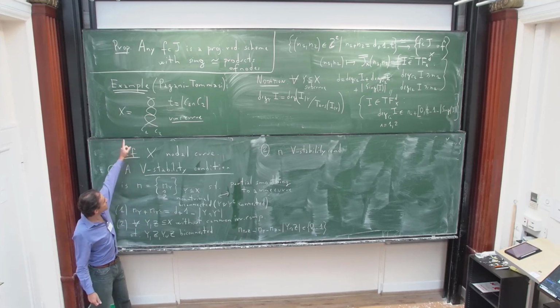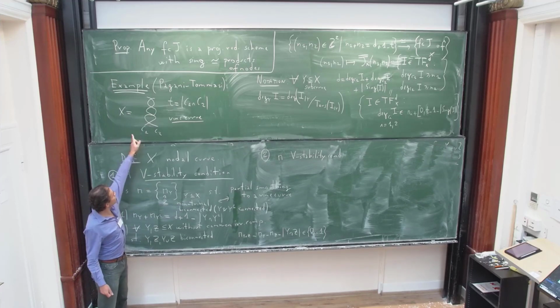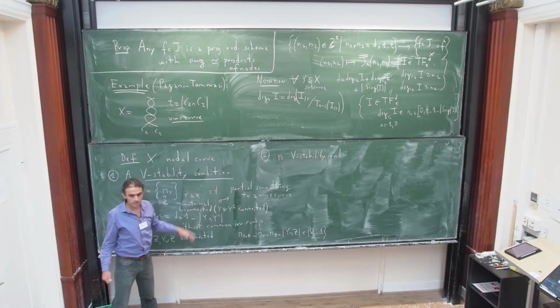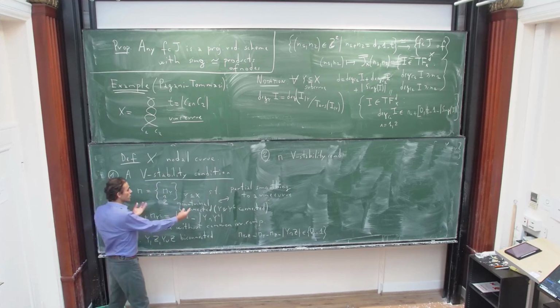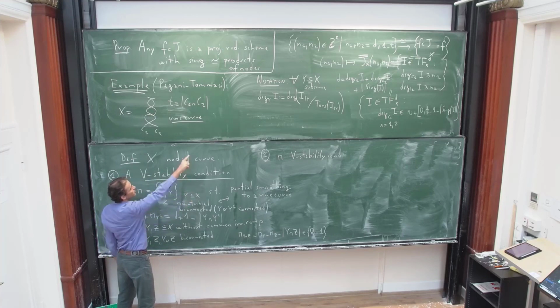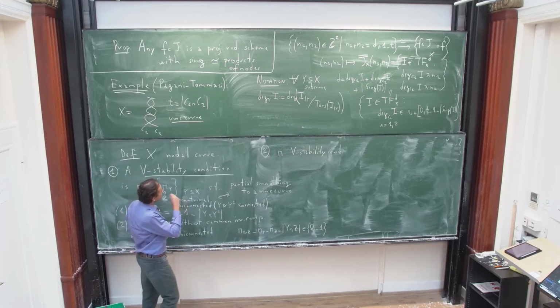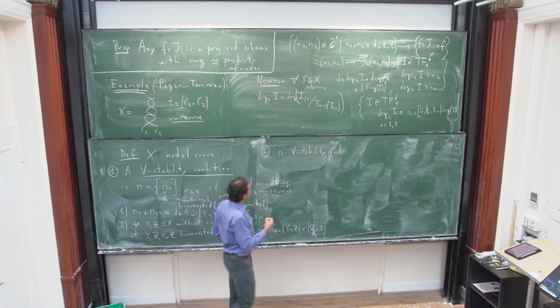And vice versa, if I have a partial smoothing to a Vine curve, then I can take the closure of two components of the Vine curve, and I get two complementary subcurves that are connected. So we are really looking at partial smoothing to Vine curves, and then we are imposing these two numbers. That's the way to think about this stability condition of the Vine type.